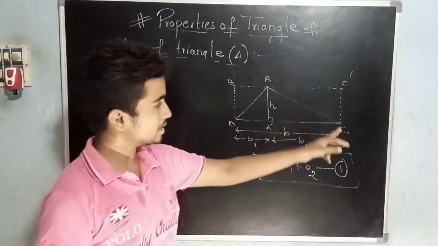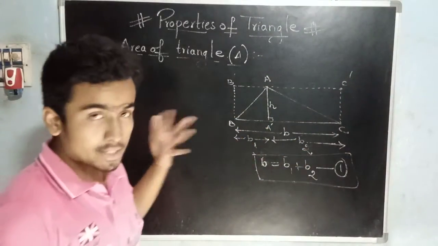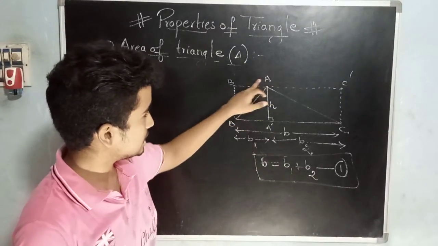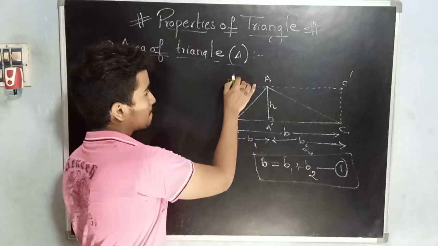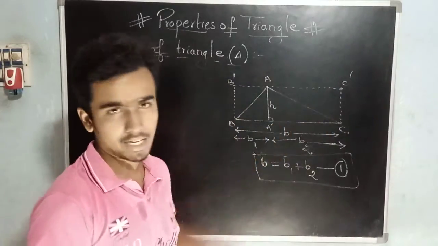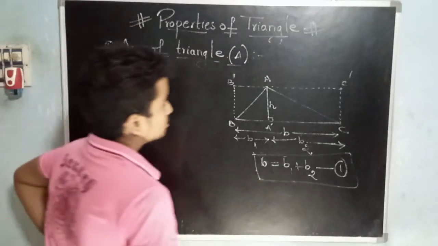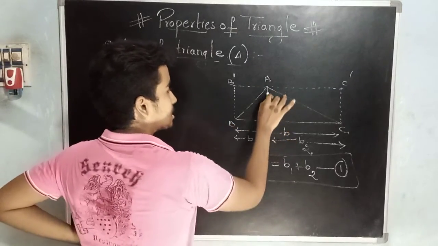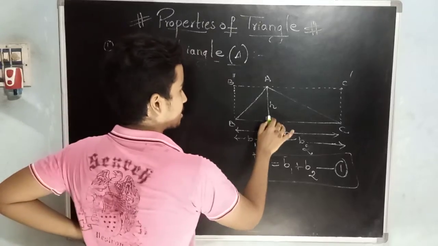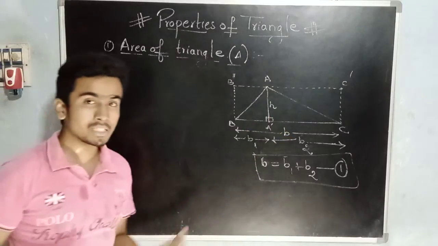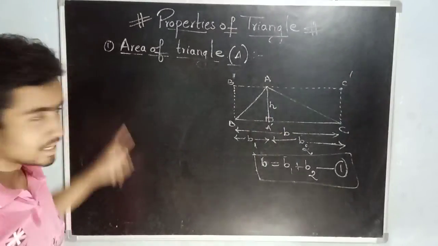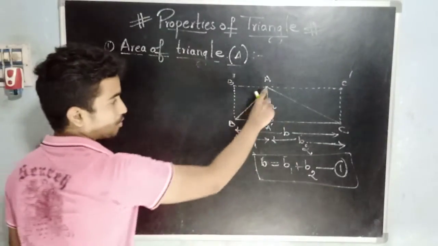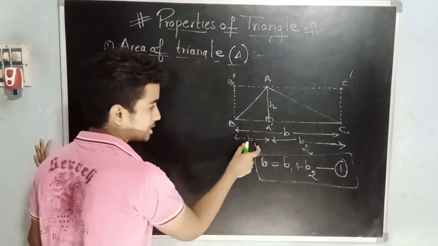By these imaginary lines, we can see that two rectangles are formed: A dash A B dash B, and A C dash C A dash. So this is going to be a right angle triangle, right? Previously I have proven that for a right angle triangle the area is half into base into height. Its base length is B1.